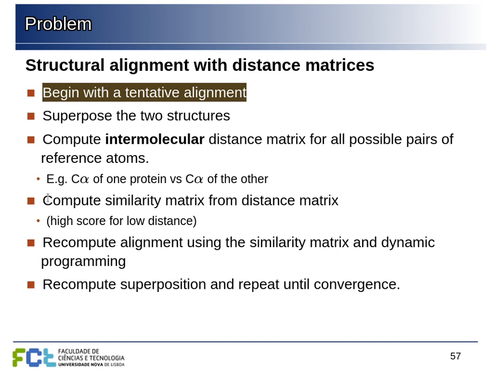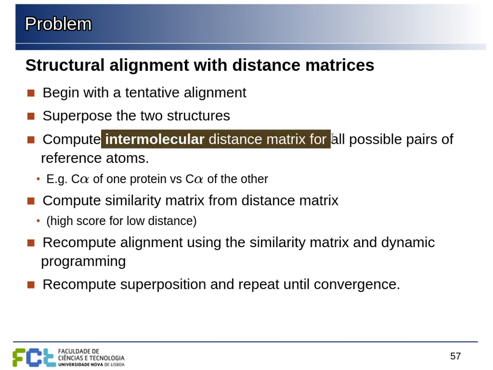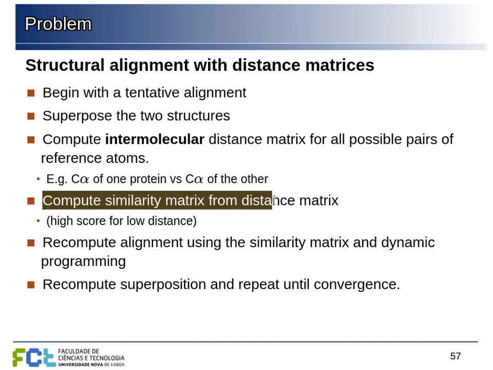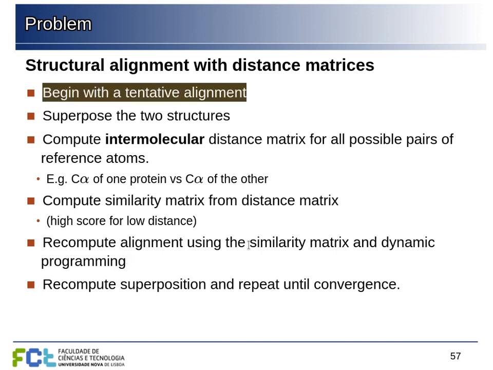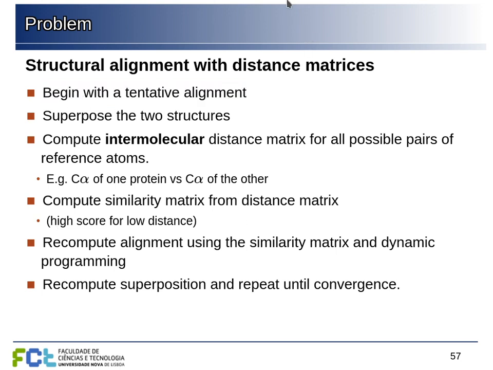After we do this, when we have these distances, we can check the similarity between the different parts of the molecule by looking at the pairwise distances in the matrix, and then use this to refine the tentative alignment that we had before and recompute this.